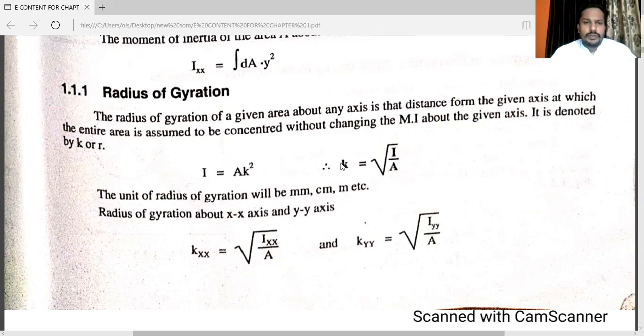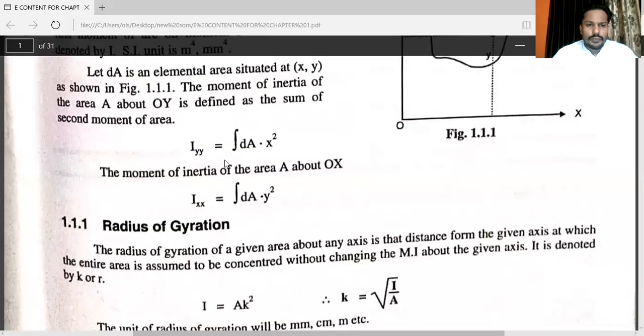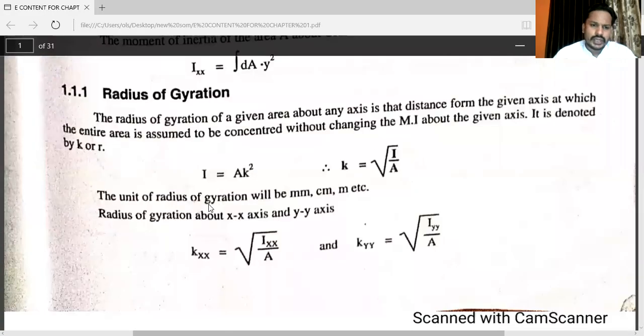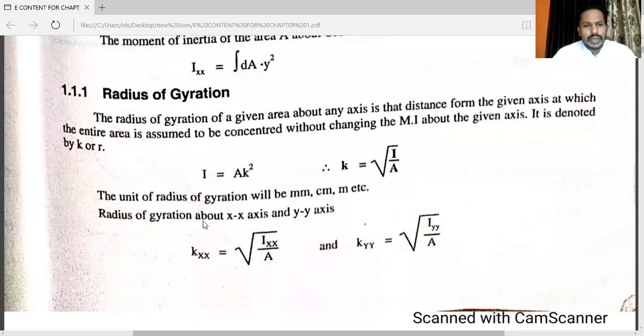See, if we know the moment of inertia about yy, moment of inertia about xx, then again, for the radius of gyration, the concepts are same. You have to calculate radius of gyration about x axis and radius of gyration about y axis. So whenever you consider radius of gyration about x axis, then the formula will be kxx is equal to under root of Ixx upon area.